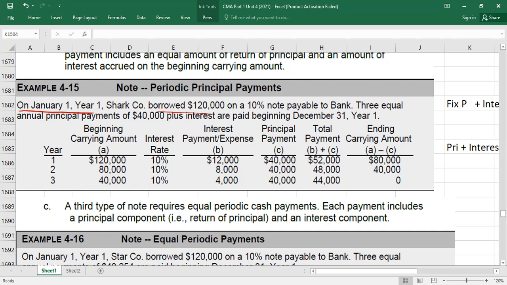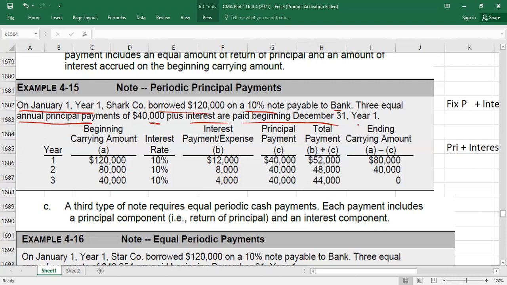We took a loan at 10% as a note payable to our bank, with 3 equal annual principal payments. What is fixed here? Principal payment is fixed, 40,000, plus you have to pay interest yearly, paid on 31st December of year 1.